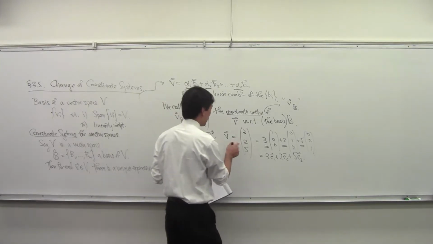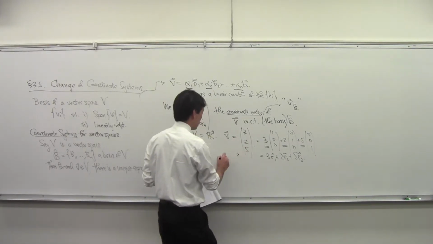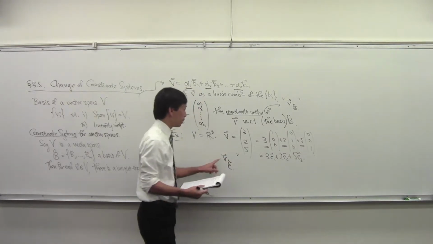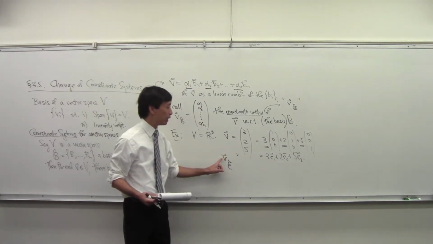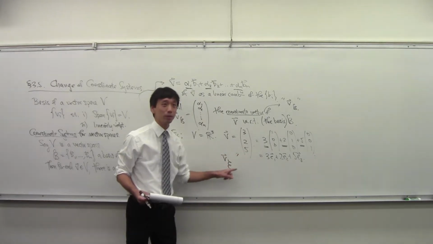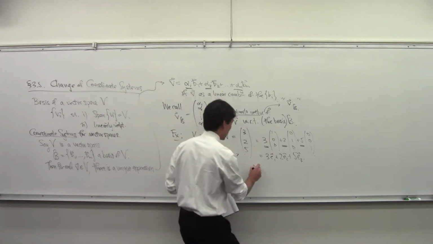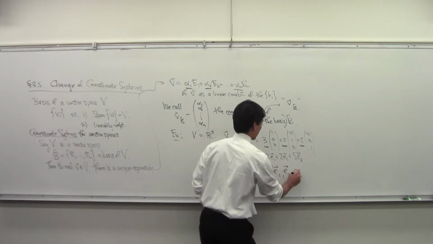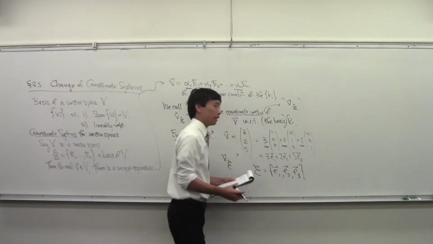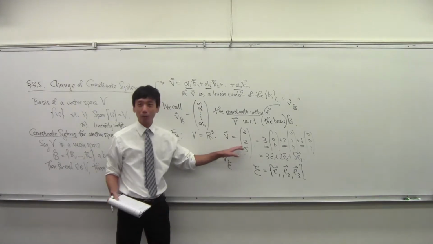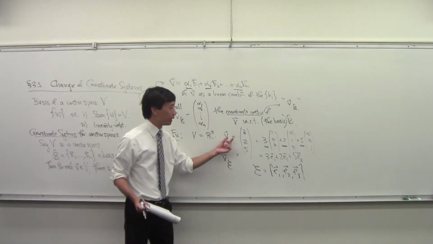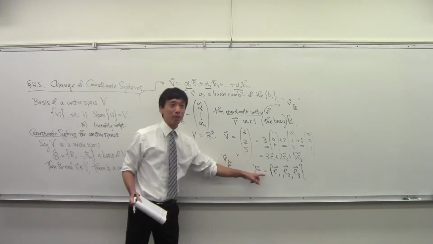So what this 3, 2, 5 is, if we wanted to write it in our new notation, is the coordinate vector of v with respect to the E basis. Let me call E the vectors E1, E2, E3. But this 3, 2, 5, if you want to be kind of pedantic about it, is the coordinate vector of v with respect to the standard basis.